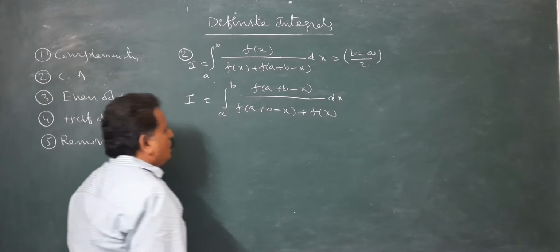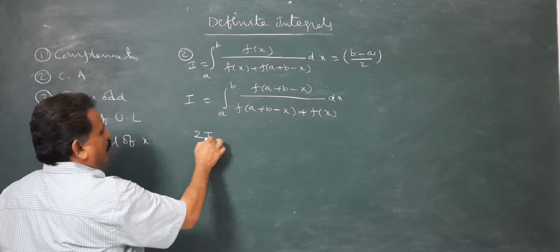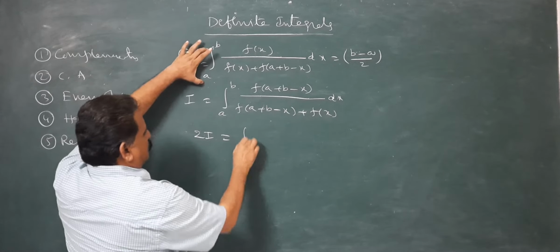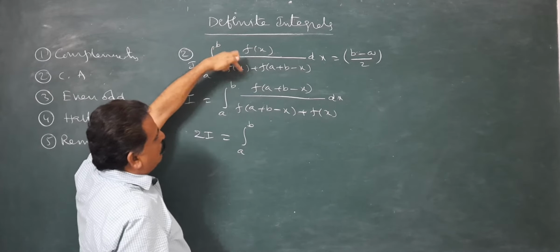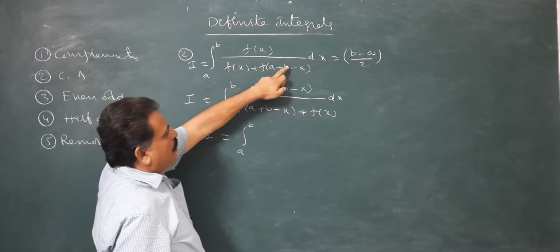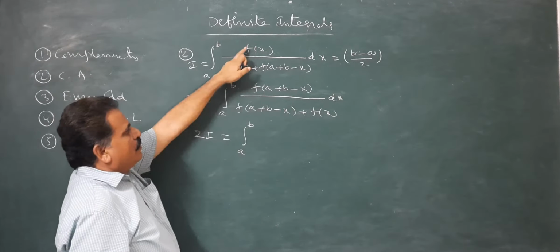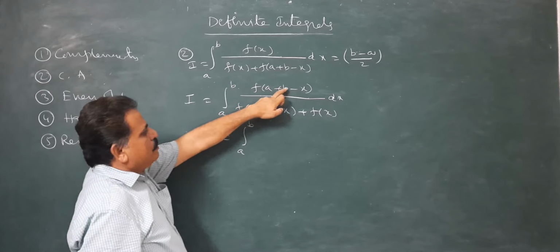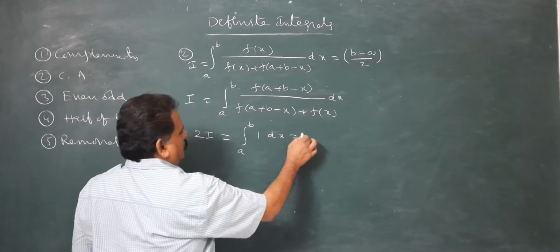This is equation 2. Adding these two I's, that becomes 2I equals, with the same limits a to b, f of x plus f of a plus b minus x over the same denominator, which cancels to 1.